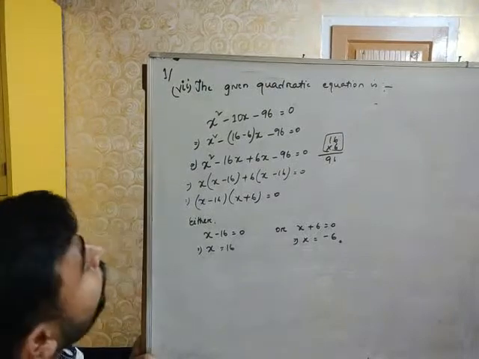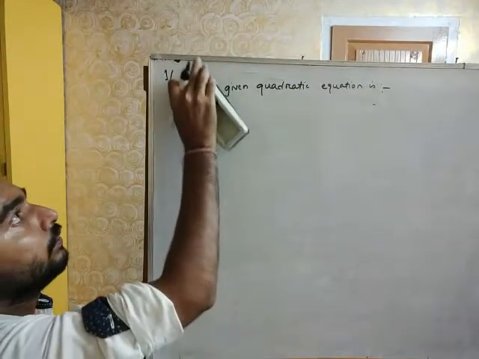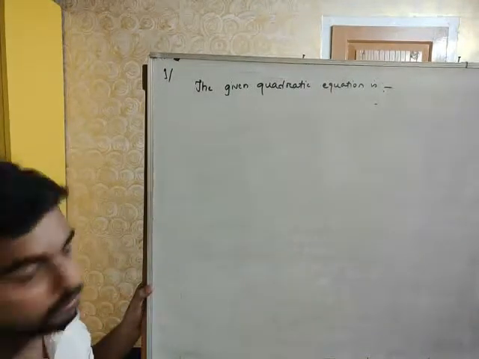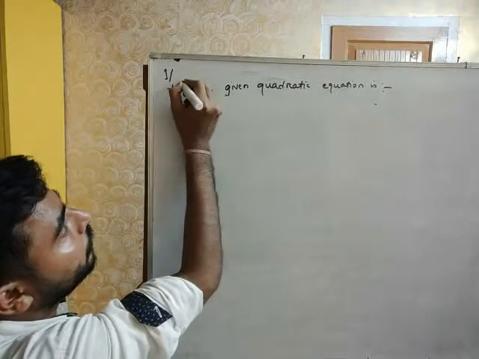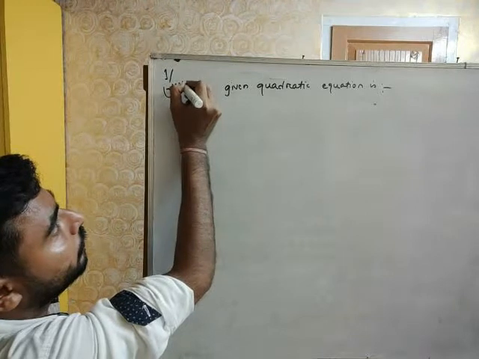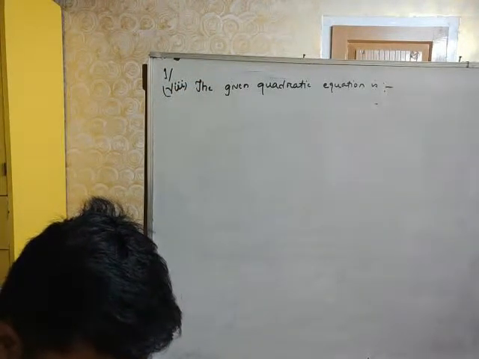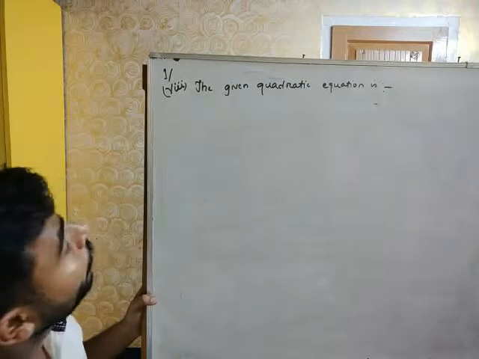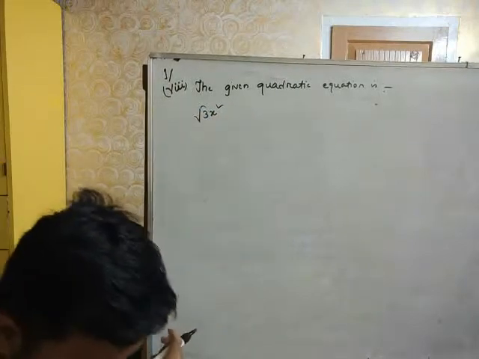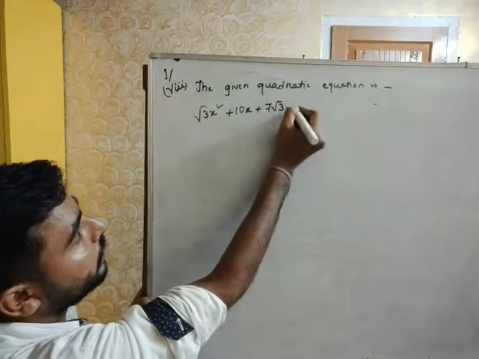Okay, let's move to number 8. Number 8 is root 3 x square plus 10x plus 7 root 3 is equal to 0.